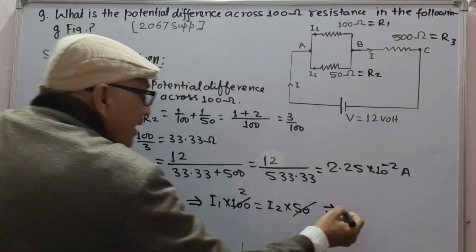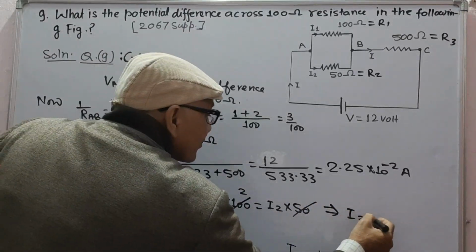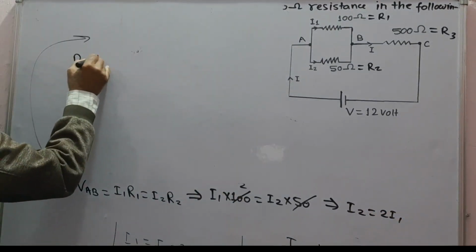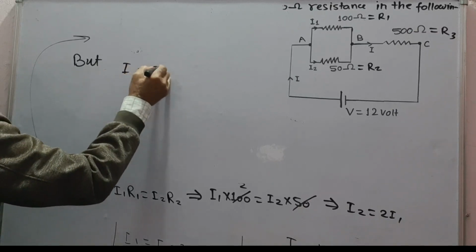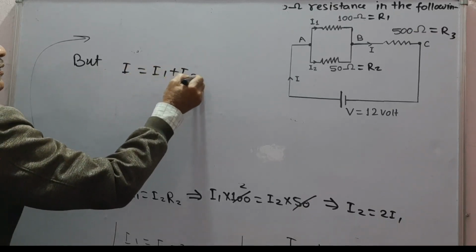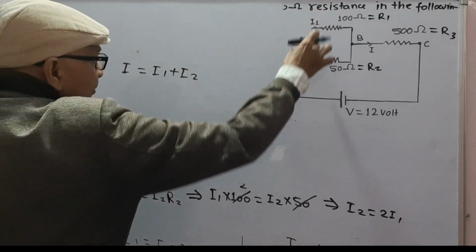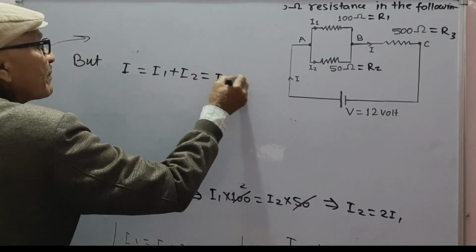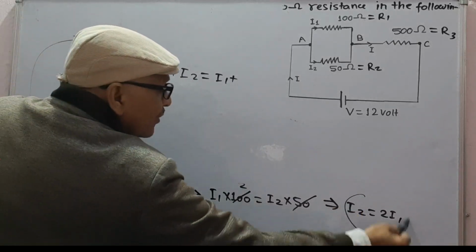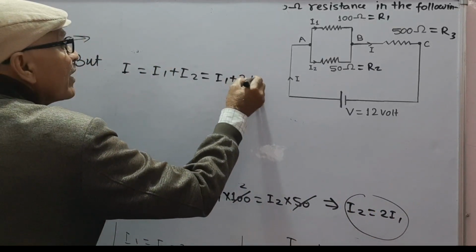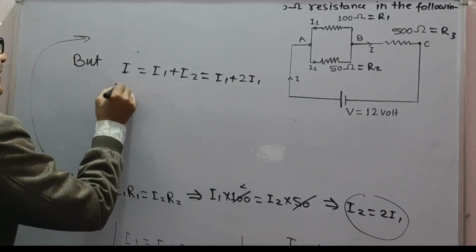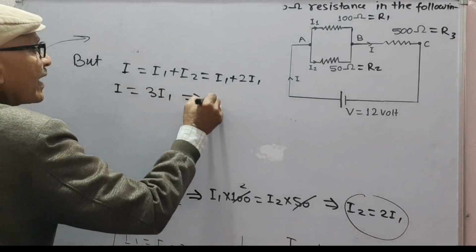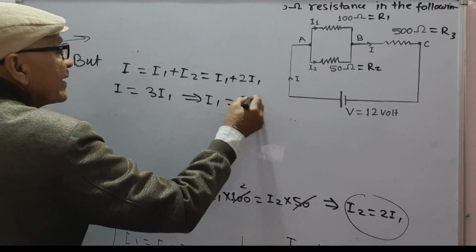That is I2 is equal to 2 I1, but I is equal to I1 plus I2, which is I1 plus 2I1. So I will be equal to 3I1, which gives I1 as I upon 3.